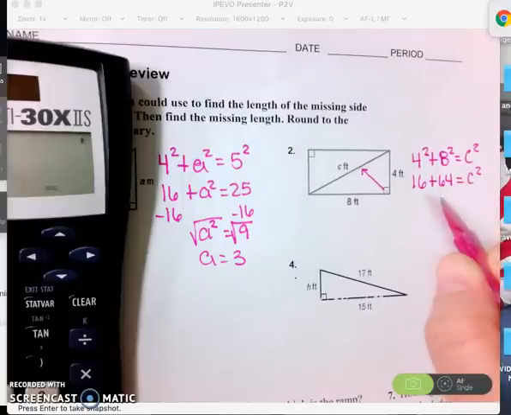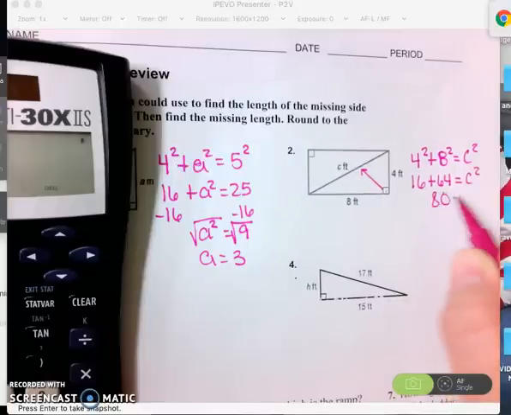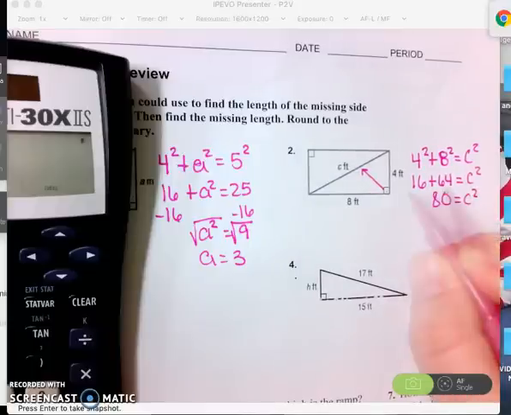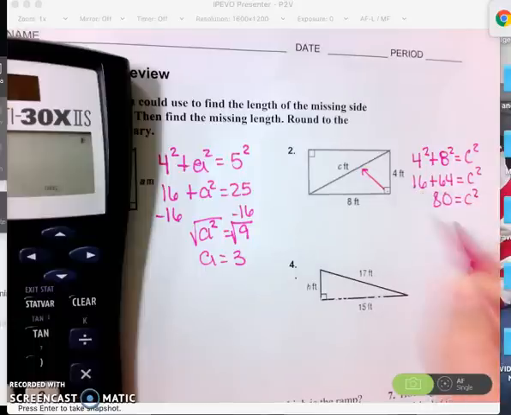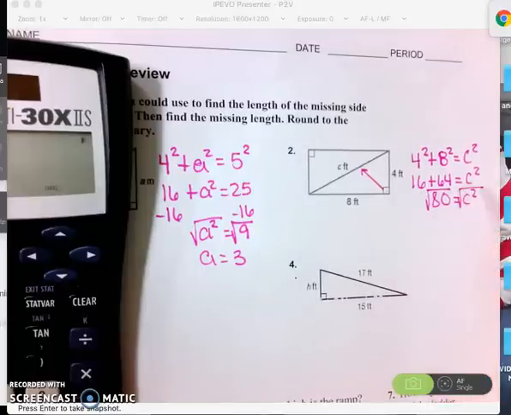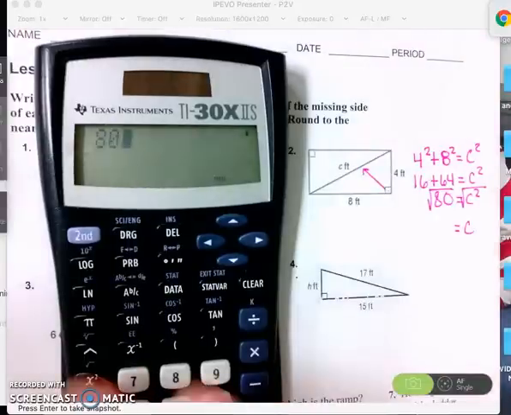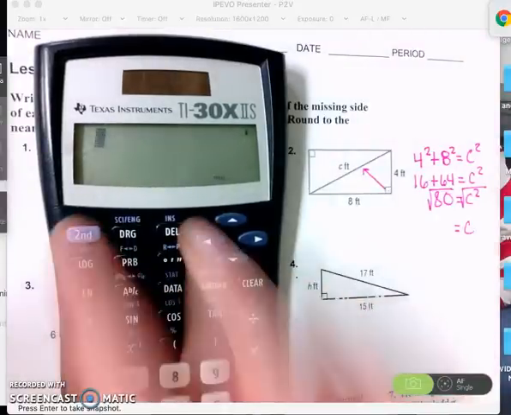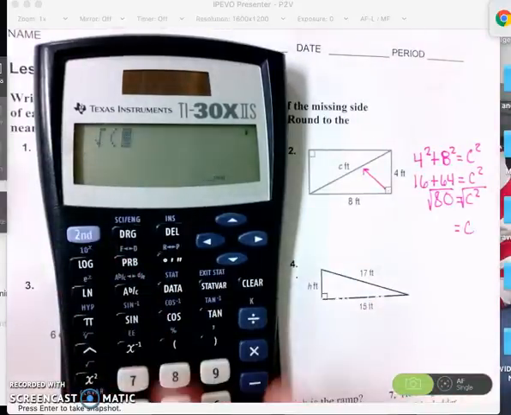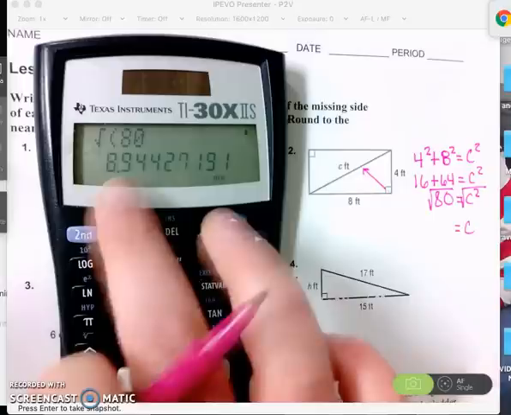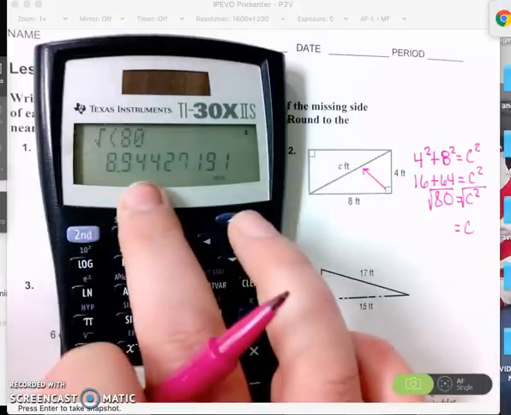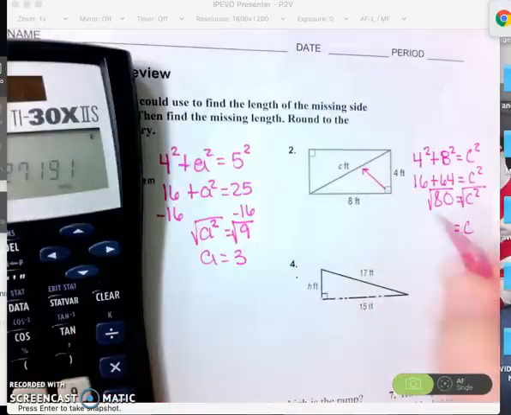So 60, 70, 80. Find the square root of both sides. So c is equal to the square root of 80, which equals 8.94. Because it's a 4, I'm going to put just 8.9.